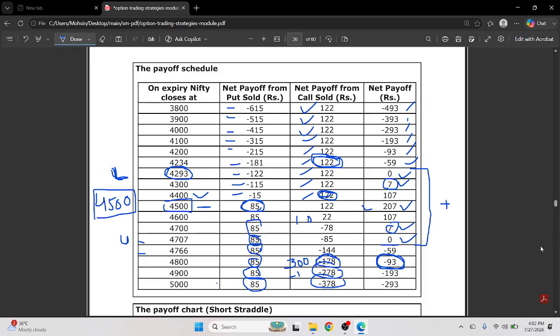So we should only make this strategy if the market is range bound. So what we can do is that if you see any particular stock which is sideways for at least a few days or few weeks, then we can use this strategy.